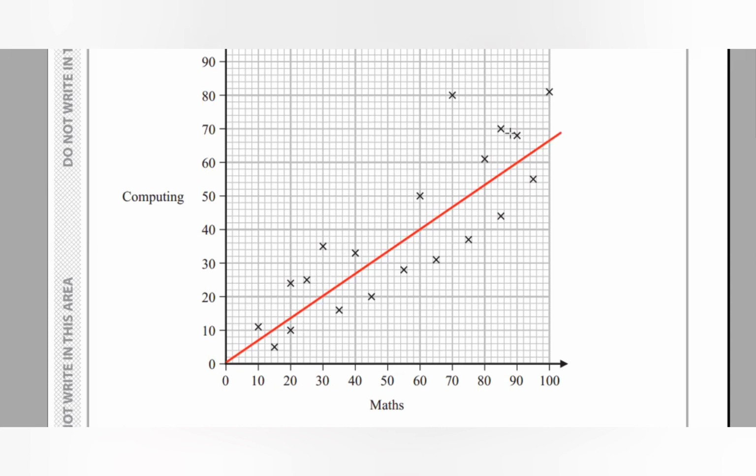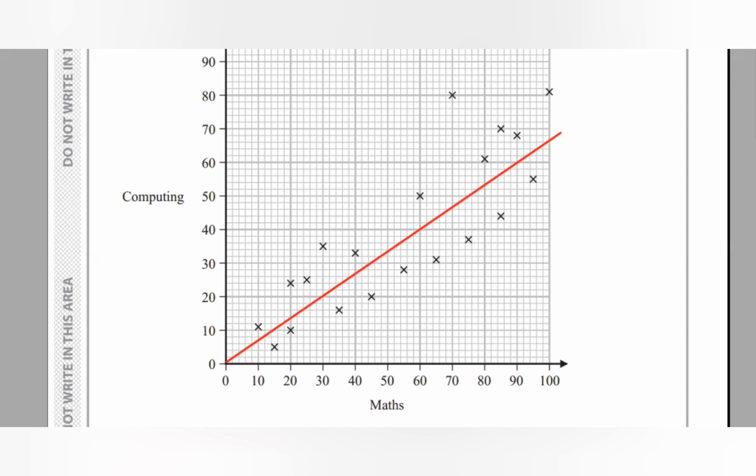I made some of them on the top of the line, some of them on the bottom of the line. As we said, because the data is going up, this is a positive correlation, because they are forming a group which is going upwards. We call it a positive correlation.